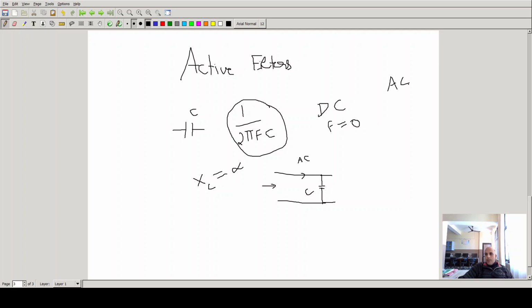For AC, we know the frequency in India is 50 hertz. So if I put 50 here, there will be some value. It means XC is not equal to 0 or to infinity. It has some value. It means it is providing a path for the flow of this alternating current through this side.